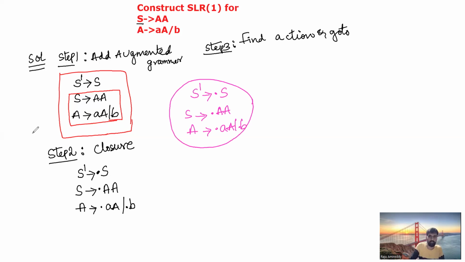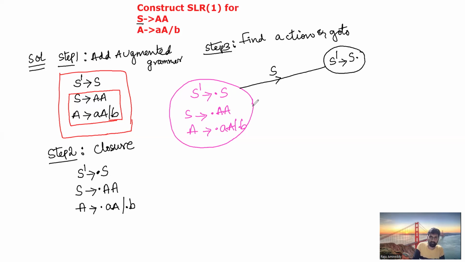Now what do we have to do here? We need to find the value of action and GOTO. After the dot we have S, so find the value of S. S' → .S becomes S' → S. This is called a GOTO move.